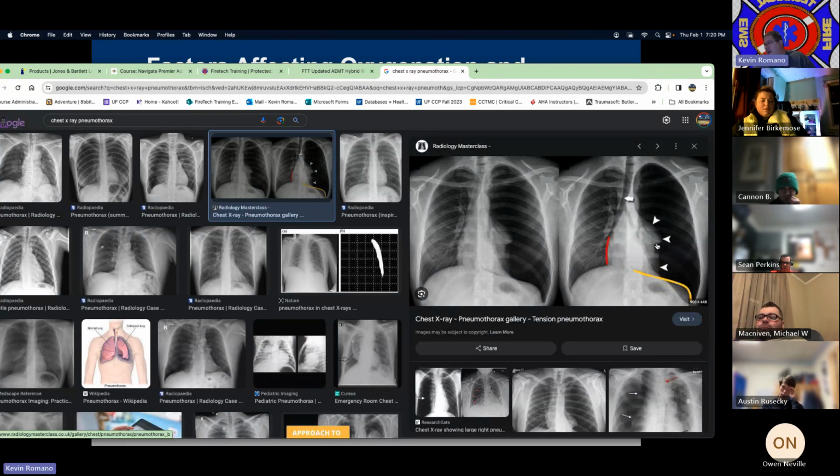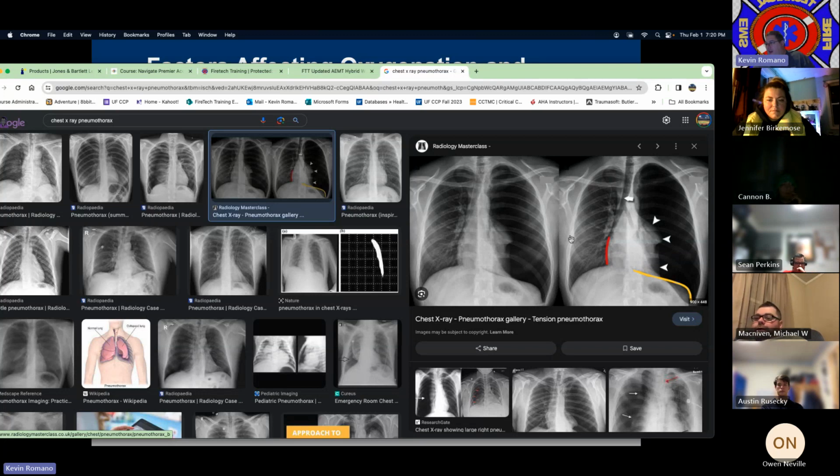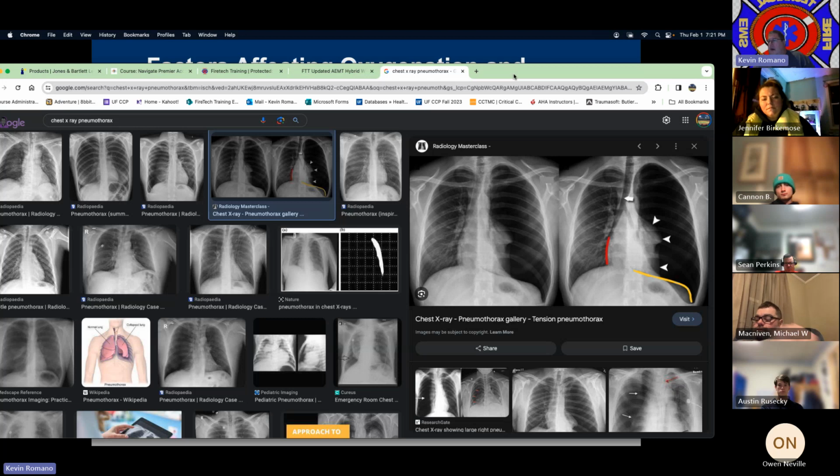You see that white shadowing there? Okay, you guys see that? That's the lung. It should be out here around that lining on the outside. And this is just open space. So that's a pneumothorax, almost becoming tension, right? It basically shrunk against the heart. That's a pneumothorax. To kind of see a perspective of what we're talking about.